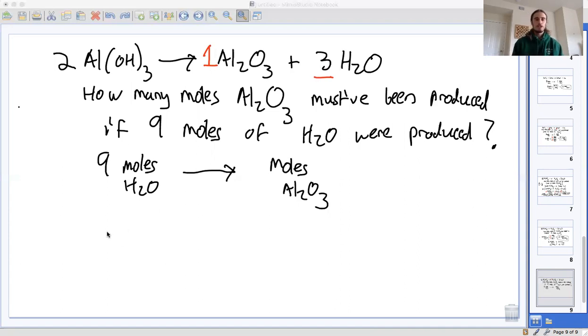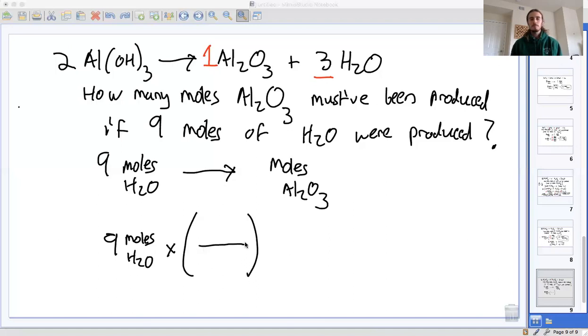So if I set up the conversion factor, I have 9 moles of water. I'm going to multiply by, let's see, I want to convert to moles of Al2O3. So that's going to go on the top. Water is going to be on the bottom so that they cancel.